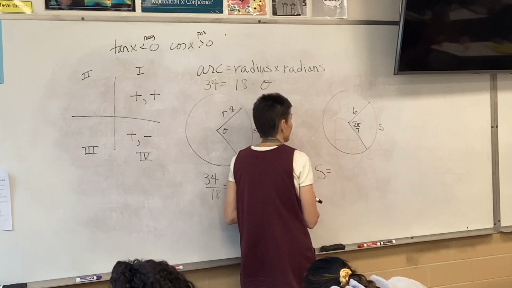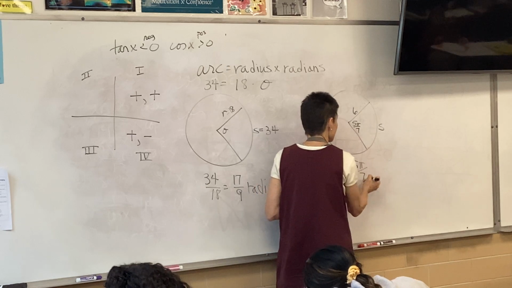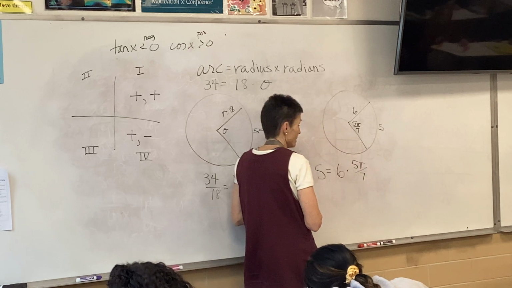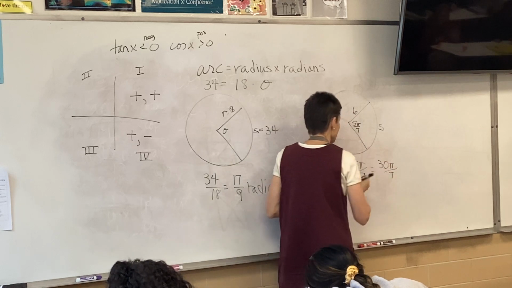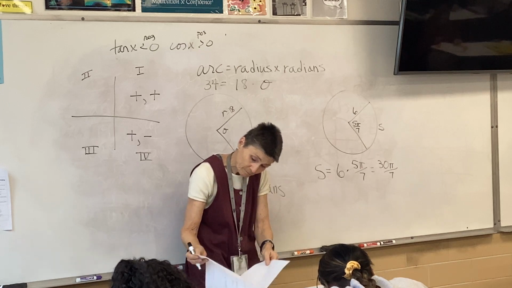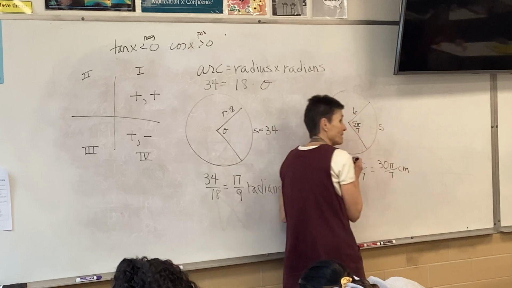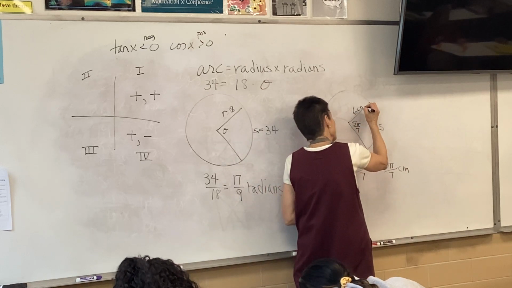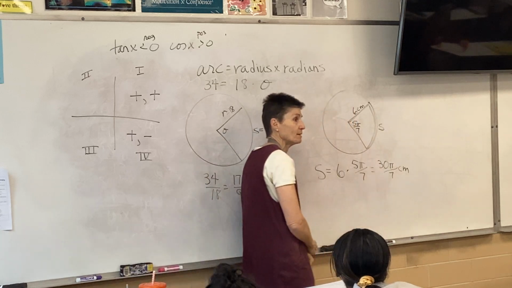Arc length equals radius times radians. So the answer to the problem is 30 pi over 7. And the unit on that would be centimeters. Does it make sense to you that if the radius is in centimeters, then this arc length will also be in centimeters?